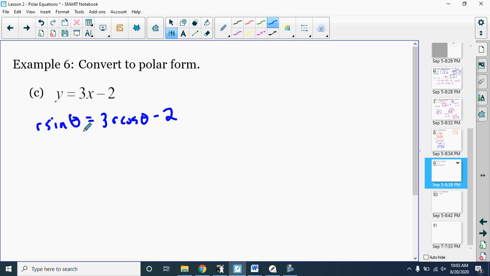And this time I cannot divide both sides by r. This is divisible by r, this is divisible by r, but this is not, so you're going to get an r in the denominator, which isn't going to help us out at all. If this is the case, put all your r's on one side. Factor out your r.